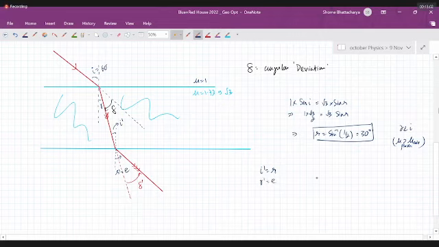So again, mu of plastic into sine i prime is equal to mu of air into sine r prime. So here we have root 3 into sine 30 is equal to 1 into sine e. So we have that the emergent angle will be 60 degrees.